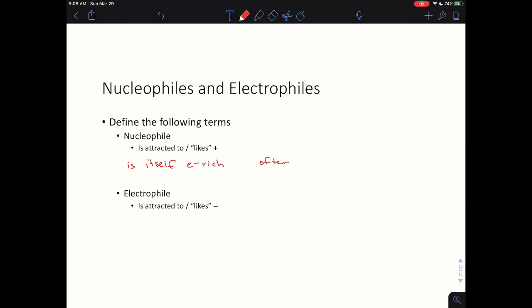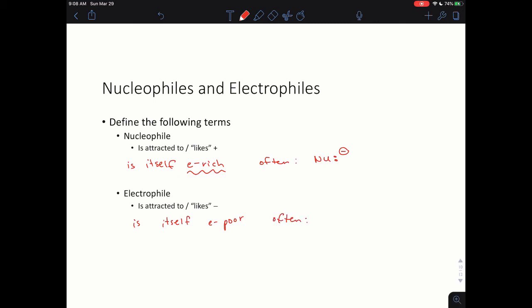So often you'll see nucleophile abbreviated as Nu. That's a generic nucleophile. It definitely has some electrons, and it may or may not have a negative charge, but it is definitely electron rich. That's how it likes positive charges. Opposites attract, right? Negative is attracted to positive. Now, electrophiles, they like negative charge, so an electrophile is itself electron deficient, electron poor. It might have some positive charge.